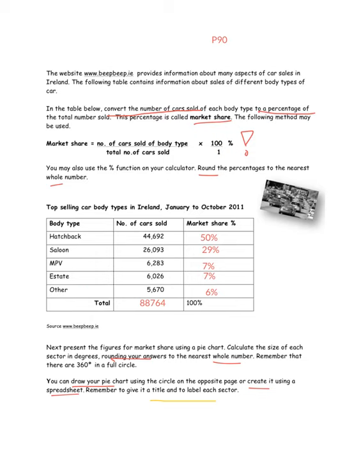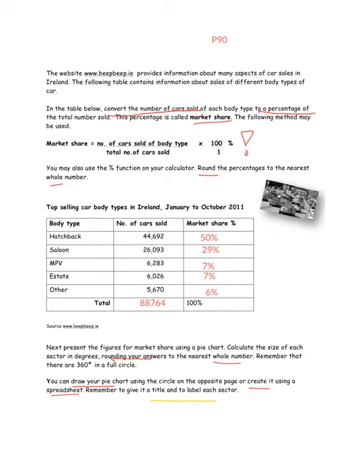Now, in the table below, you need to convert the number of cars sold to a percentage. How can you do it? You are given a formula for that, okay? And this percentage is called the market share. Okay, so in your final exam, you won't be asked for a market share without a formula.